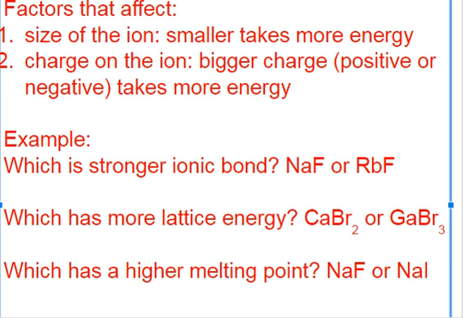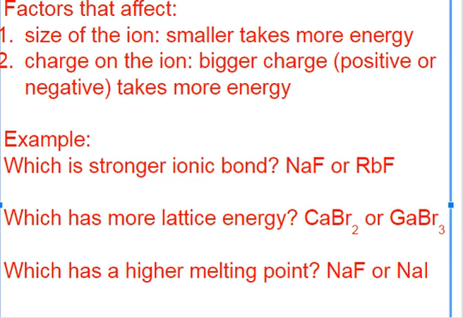Rubidium's bigger because it's got 5 energy levels and sodium only has 3. Which one's got the bigger charge on it? They're both in the same group, so they're both going to pick up a +1, so the charge is the same.